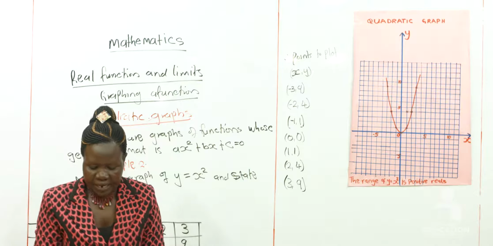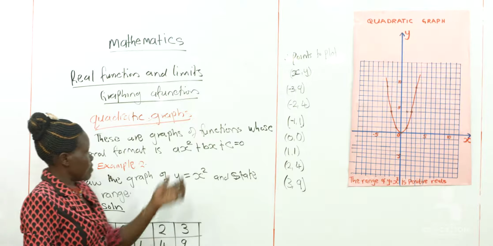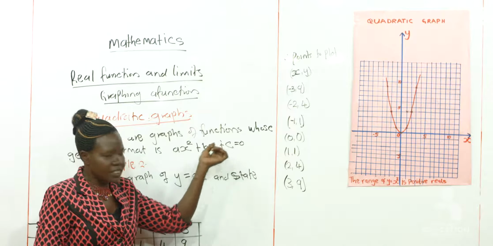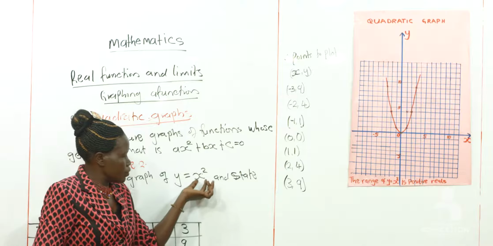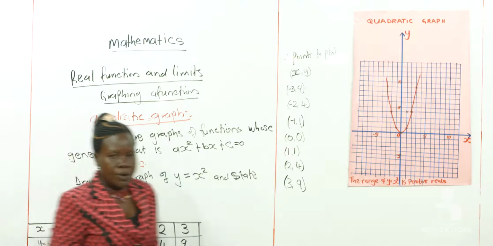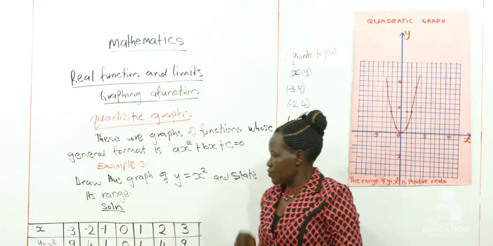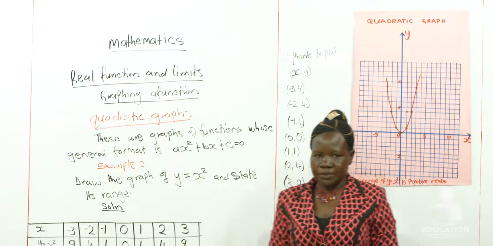I repeat by saying that quadratics are in the form of ax square plus bx plus c. And when you are asked to draw a graph, first, before you draw your graph, draw what we call the table of values.